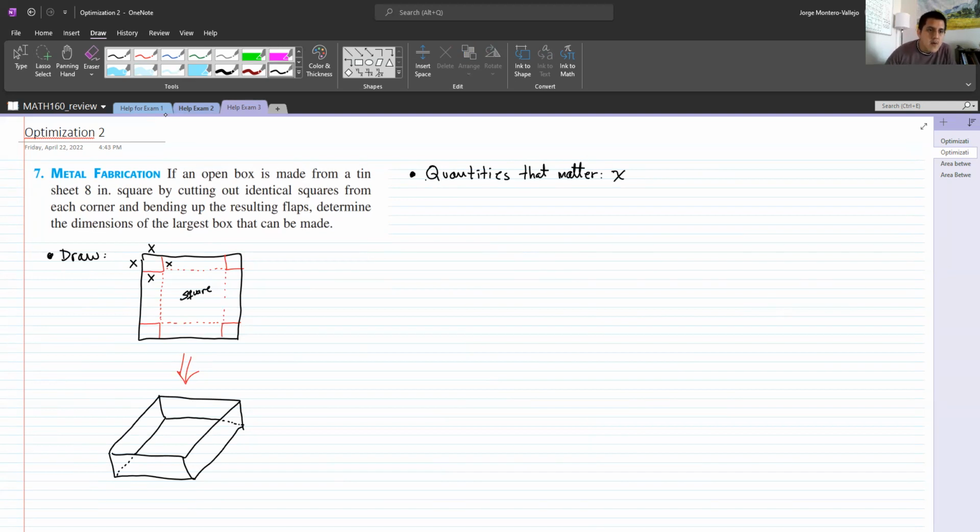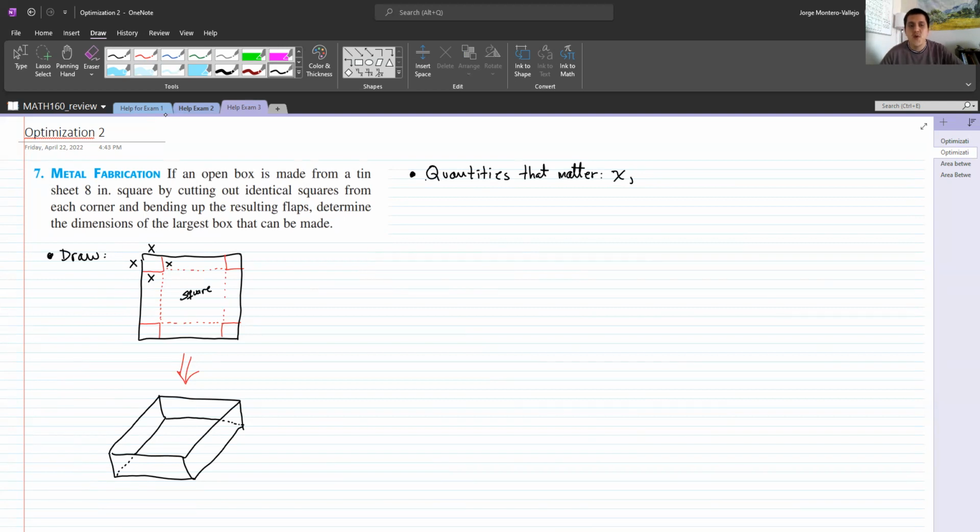Now the other quantities that matter, let's see. The question is about determining the dimensions of the largest box that can be made. By the largest box, they mean a box that can contain a lot of stuff, so its volume is big. So of course volume is going to be of importance here.